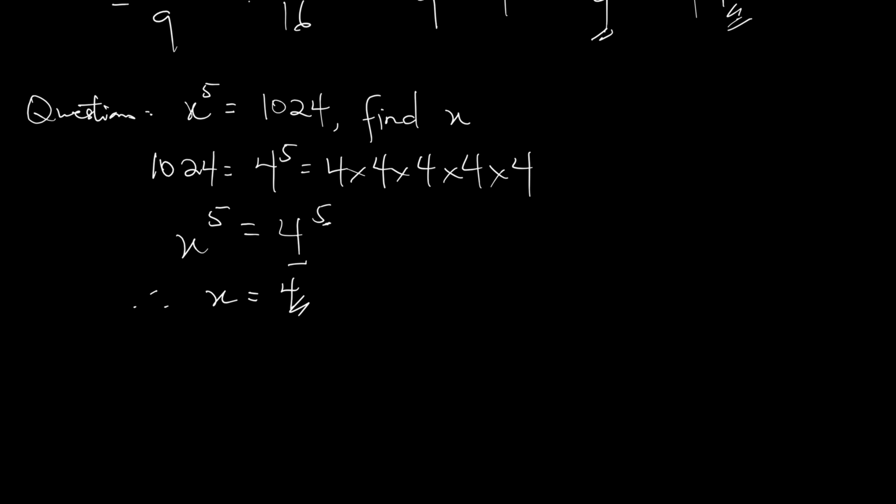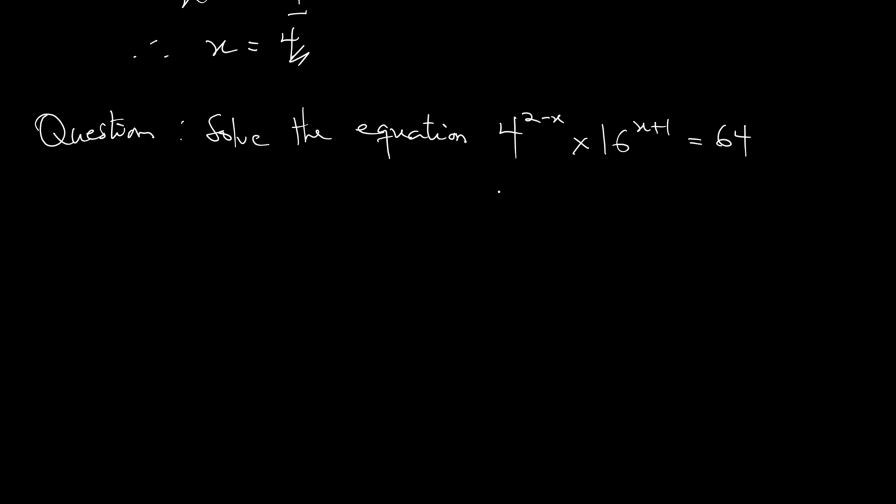Now let's pick another question. So 4 raised to the power 2 minus x times 16 raised to the power x plus 1 is equal to 64. So first we can express 16 and 64 as 4 raised to the power of a certain number.